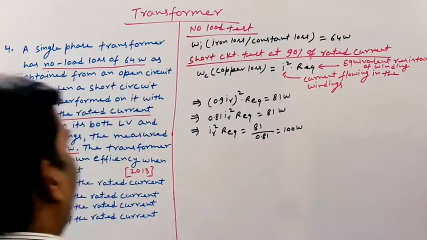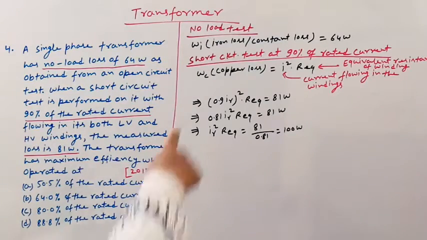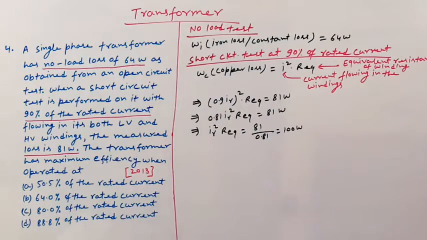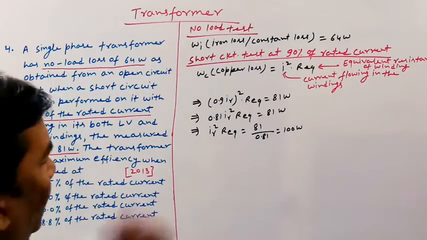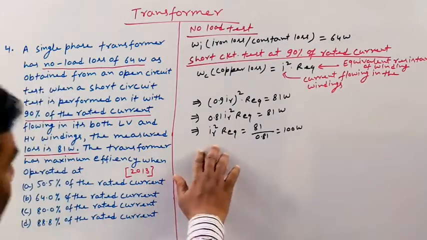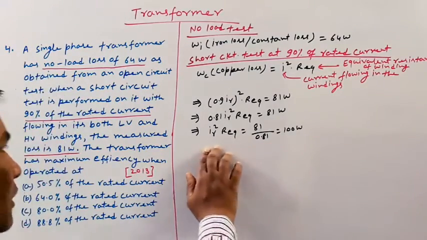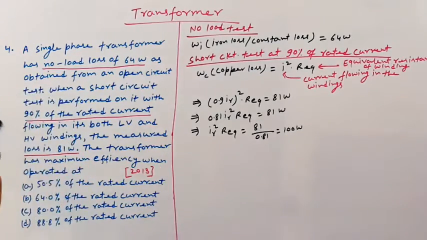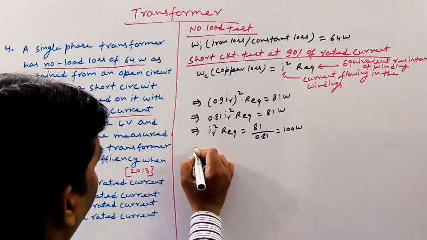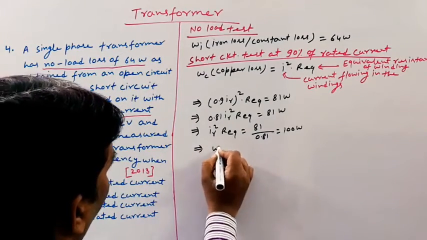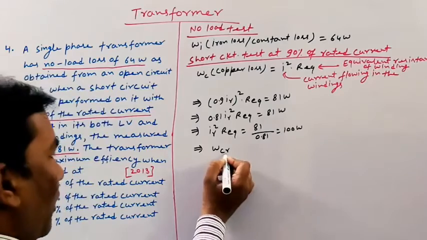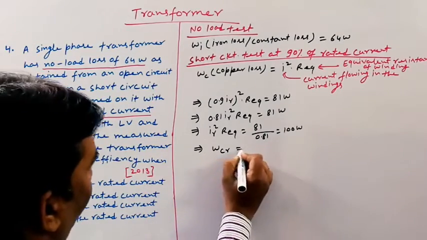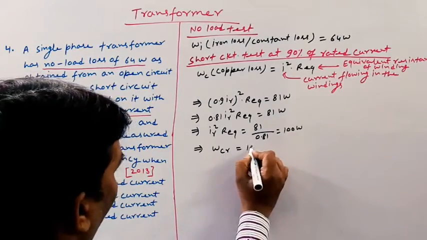The copper loss is a variable loss because it depends upon the current flowing in the winding. So when the rated current flows, the loss will become 100 watt. So W_CR, CR meaning copper loss at rated current, will be 100 watt.